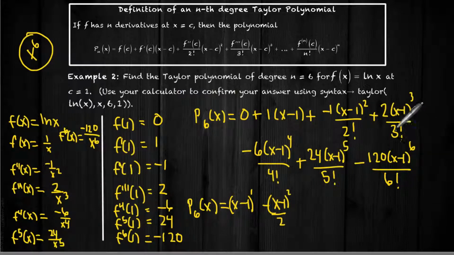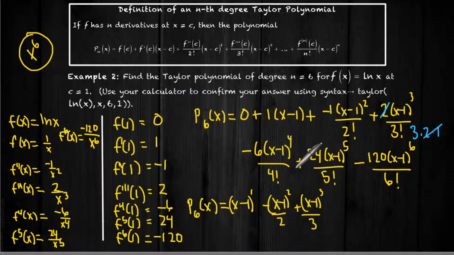And then here we've got to do something a little clever. 3 factorial is the same as 3 times 2 times 1. 2 times 1 will cancel with that, and then we're left with simply 3 on the bottom. So that's going to be plus (x minus 1) cubed over 3.